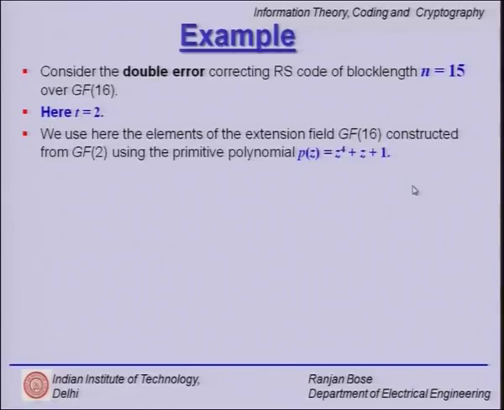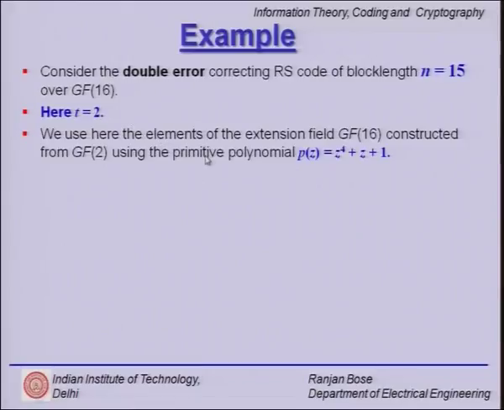Let us look at a quick example. We are interested in finding a double error correcting Reed-Solomon code. We need the block length, let n be equal to 15, and we need the Galois field GF(16). Needless to say, the base field and the extension field are the same, so we have GF(16) as the working Galois field. Now, since this is a double error correcting code, we need to specify t equal to 2.